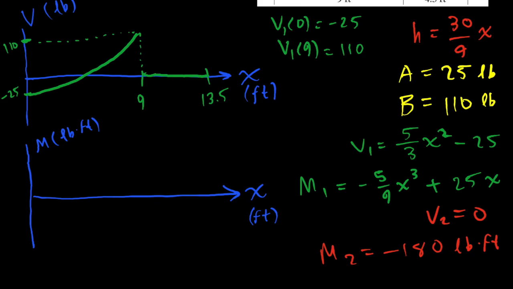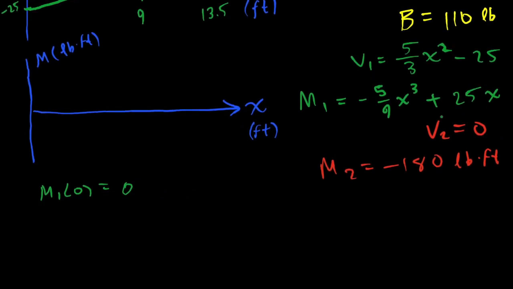Now let's do the same for the moment. We have M1 here, which is our first equation. Let's look at M1 at x equals 0. We have 0 plus 0, so M1 at 0 is 0. This is a polynomial. So let's do the same for M1 at 9.